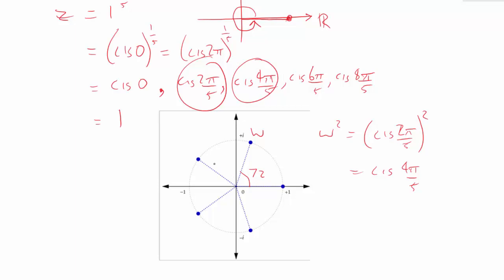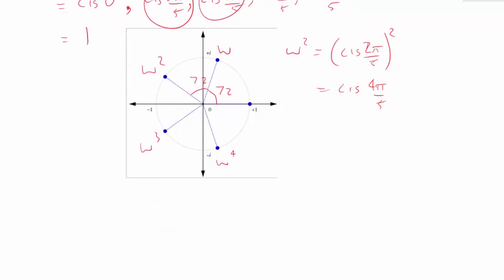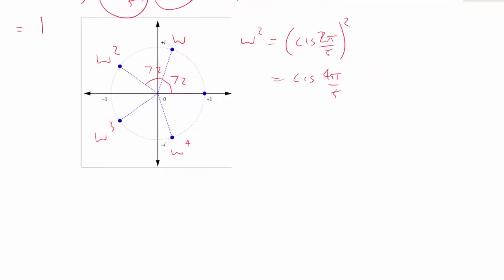So this second one round here, cis of 4 pi by 5, is omega squared, then omega cubed, omega to the 4th. Now notice that in all cases, not just for the cube root of unity, they are evenly spread around a circle.